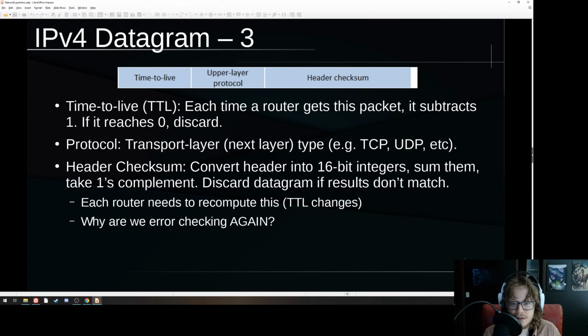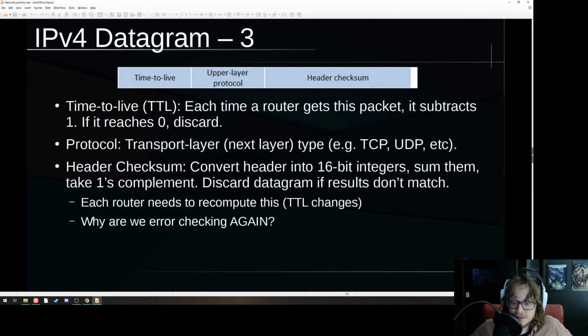So a checksum is another form of error checking, but it's simpler than the CRC. And the reason that it's simpler is because your operating system doesn't have dedicated hardware for computing error checking. Your hardware is able to compute the CRC near instantly because it's tailor-made for that. Your operating system is a generic computing machine. Your computer is a generic computing machine.